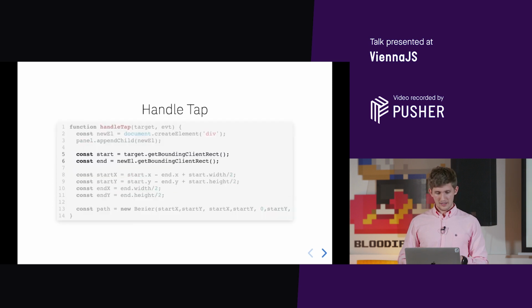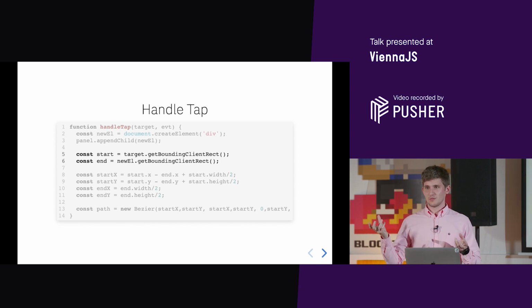So let's go to the next one. That's the main trick of the FLIP animation. Now I have my target, the original element that I tapped on. And then I have the new element that I just created and appended to the panel. So I have those two elements. They're not on the screen yet, but they're in the DOM tree, right? So that means I can force the browser to give me their positions.